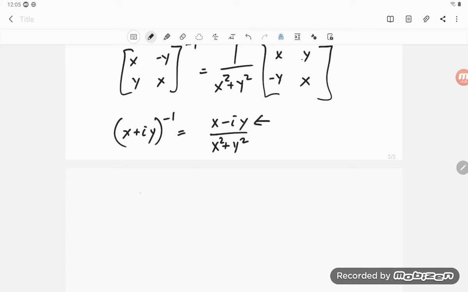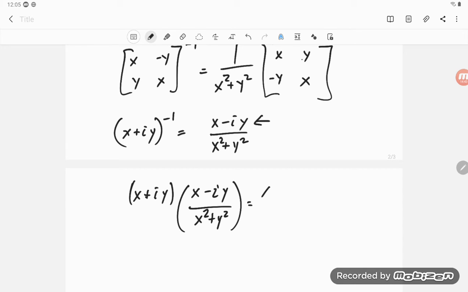And so let's take x plus iy times x minus iy over x squared plus y squared. And so we get x squared, minus i squared y squared.